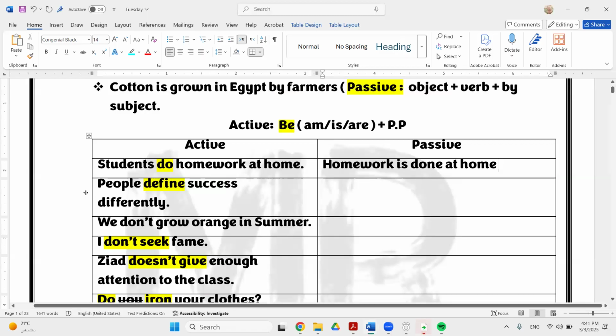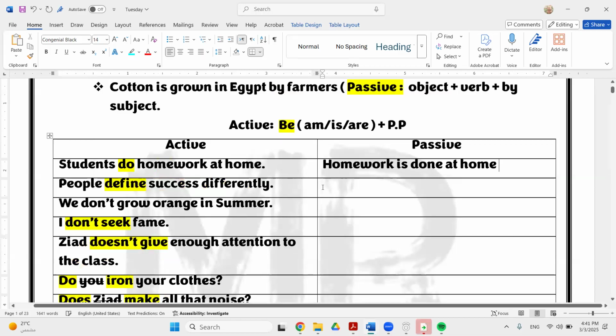طب رودينا السيد. People define success differently. في ناس بتعرف النجاح بشكل مختلف. Can you try this one? ياسين مصطفى. مستر أقولها.